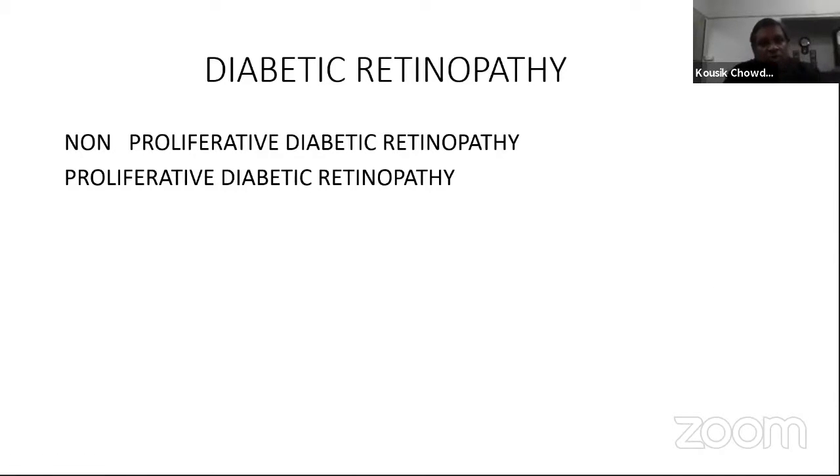Why is it called non-proliferative diabetic retinopathy? When diabetes is not controlled, the metabolic end products of glucose are deposited in the blood vessels, including the vessels of the retina.